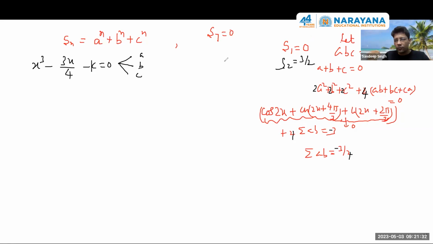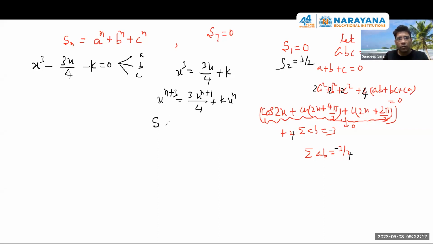ABC I have substituted equal to K. So now I shall proceed one by one till S7. So what is the equation? x cube is 3x/4 plus K. That means if you substitute A, B, and C and add, this is going to be x power n plus 3 equals 3/4 x power n plus 1, plus K into x power n.